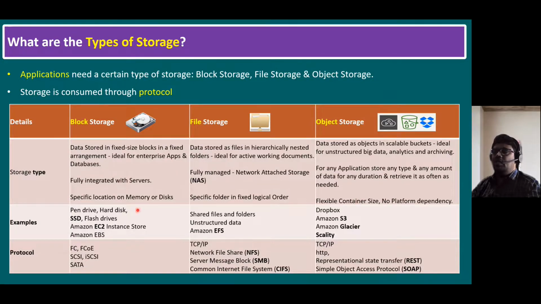The main reason is that block storage cost is very high compared to object storage. So that kind of archival data we can store in Amazon Glacier. Not only Amazon Glacier, this type of service is provided by other public clouds like Azure and Google also. Another example of software defined storage or object storage is Scality.